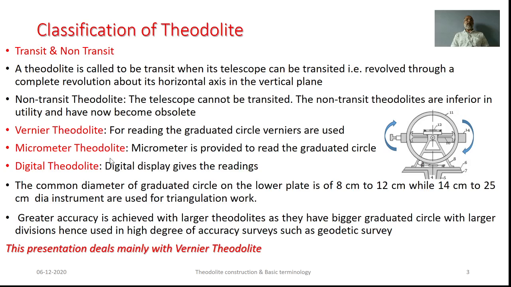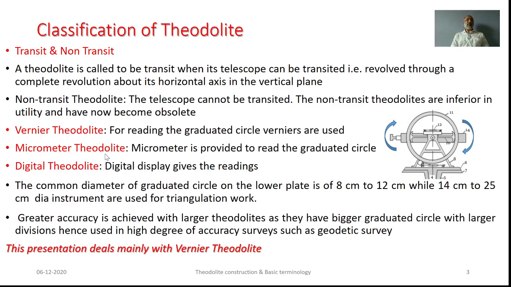They have a certain optical arrangement in order to measure the angles. It is also equipped with micrometers in order to enhance the reading to a finer extent. As such, micro-optic or micrometer theodolites are more precise as compared to vernier theodolite.